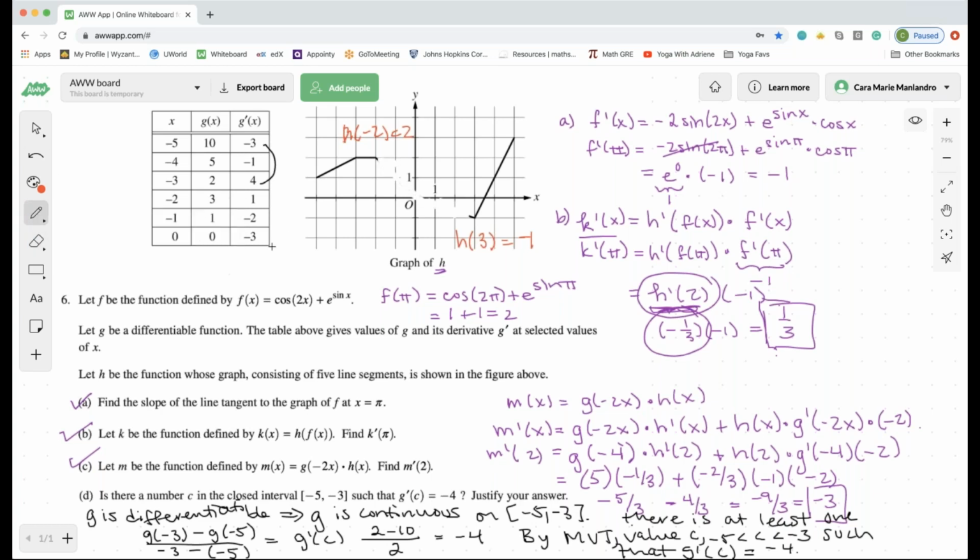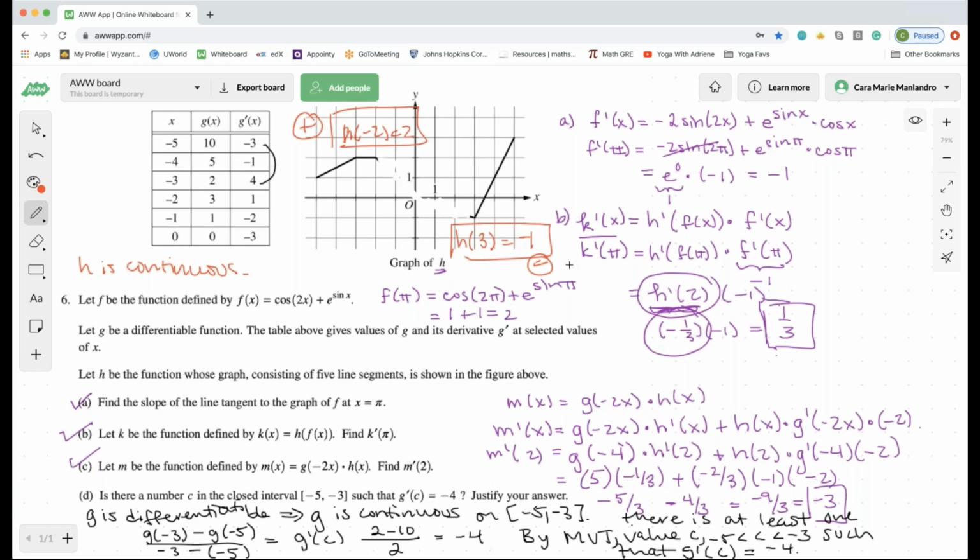But maybe I'm told that h is continuous. All right. And so if I'm only given this information, where this is positive and this is negative, I can say that there's at least one value in the open interval from -2 to 3 that the function is 0, right?